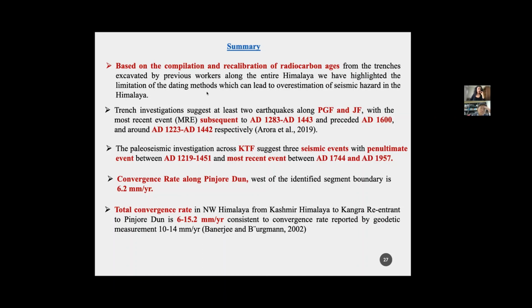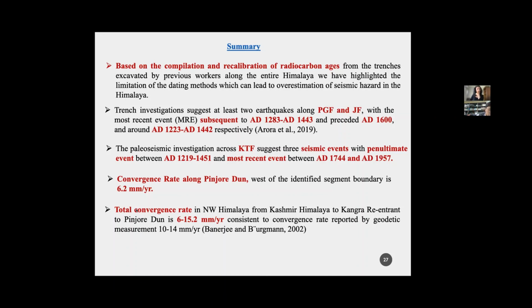Then from the trenches that we excavated, we suggest that along Pinjore Garden Fault and Jhajra Fault, the most recent event occurred after 1200 AD, but before 1600 AD. And along Khet Parali Taksal Fault, we identified 3 seismic events. The penultimate event is between 1200 AD and 1400 AD, and the most recent event between 1700 and 1900 AD.